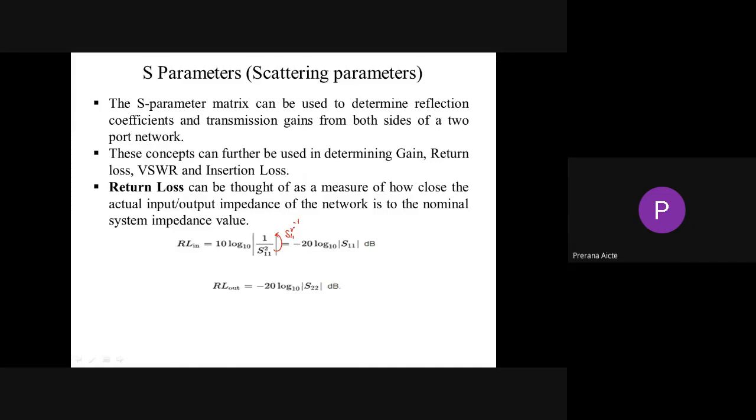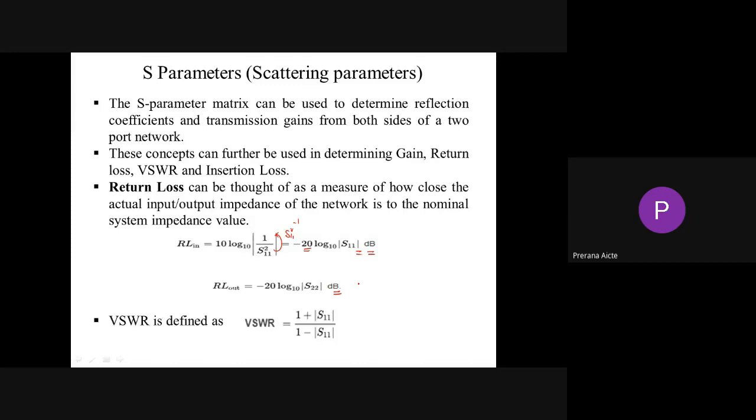So this is minus 20 log S11 in terms of dB. Therefore, the return loss at the output is minus 20 log of S22 to the base 10, in terms of dB.